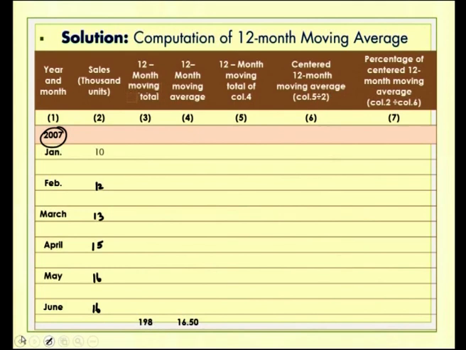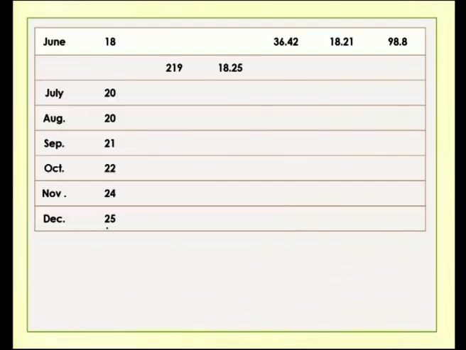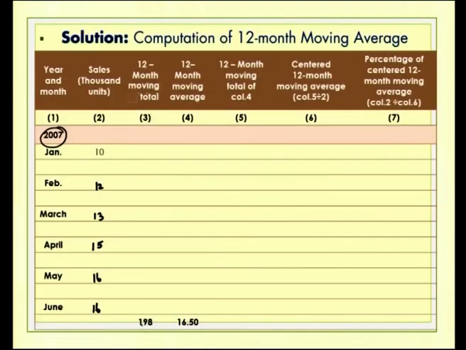Now, the 12-month moving total is written here, that is 198, the total of the first 12 values. Placing the value in the proper place is very important.